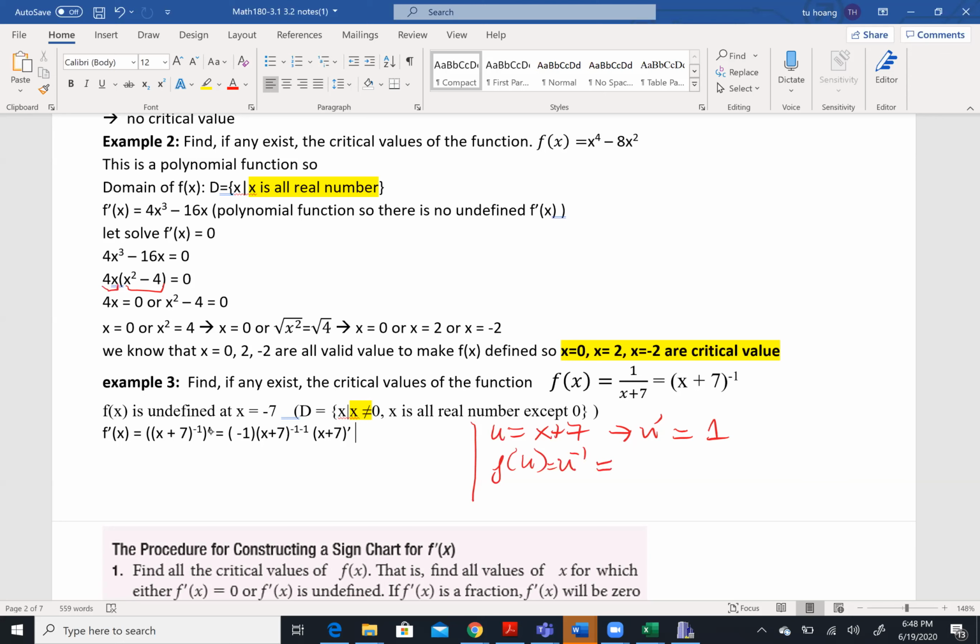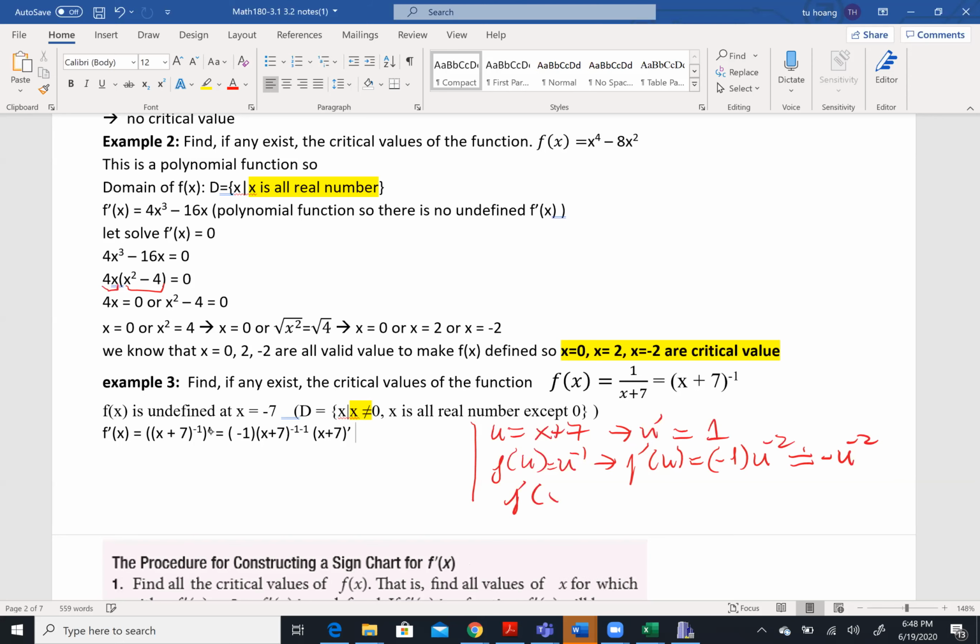So then the derivative of f with respect to u will be -1 times u to the power -2, and if simplified, it's going to be -u to the 2. That is the outside derivative. So f derivative of x equals negative of u, which now becomes x plus 7 to the power -2, times u prime, which is 1, right?